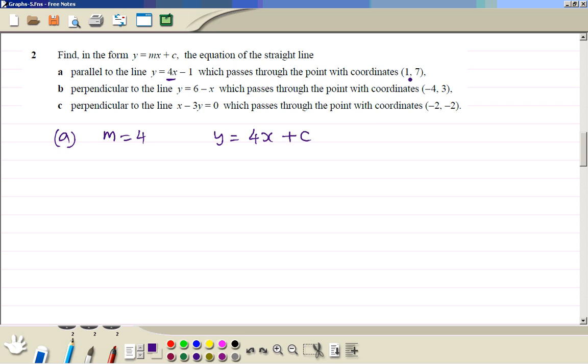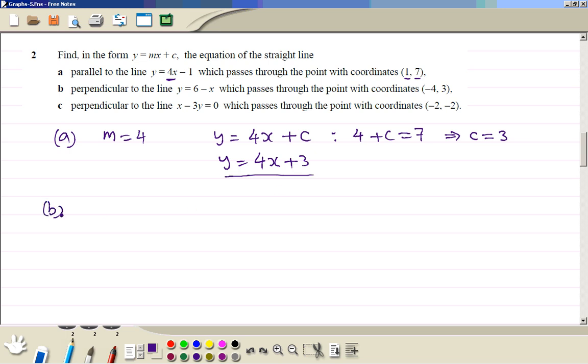We can find c by substituting these two numbers for x and y. So x is 1, so 4 times 1 plus c, and y is 7, so therefore c is equal to 3. So the equation is y equal to 4x plus 3.